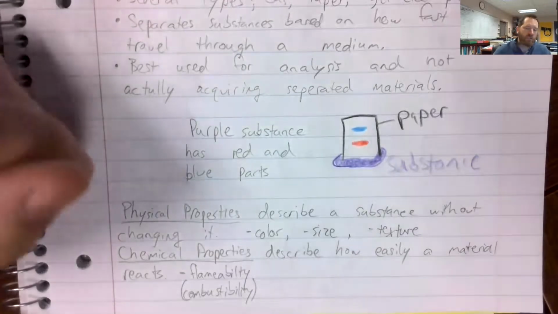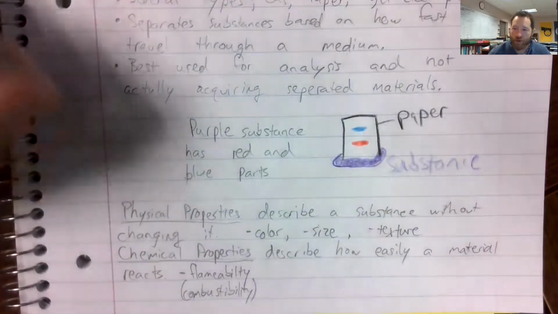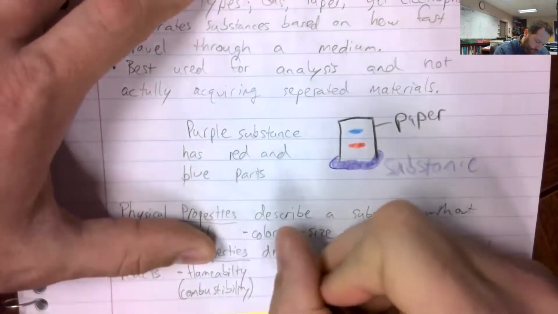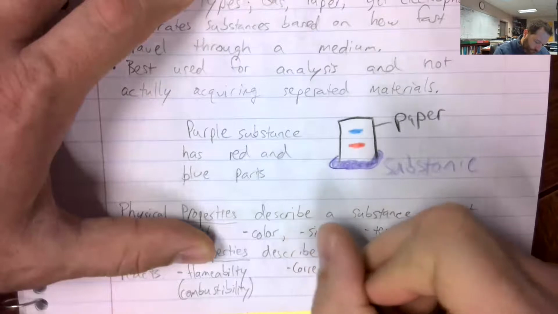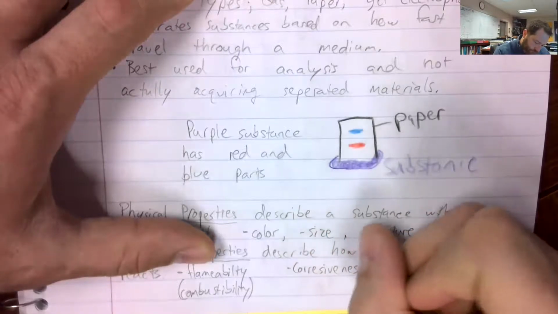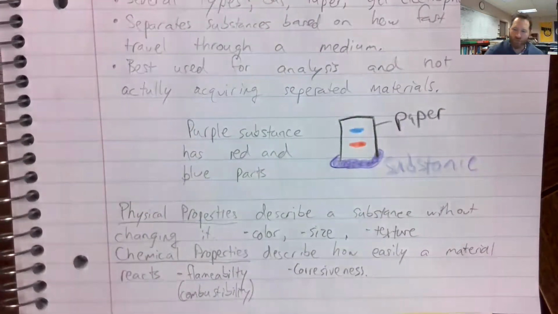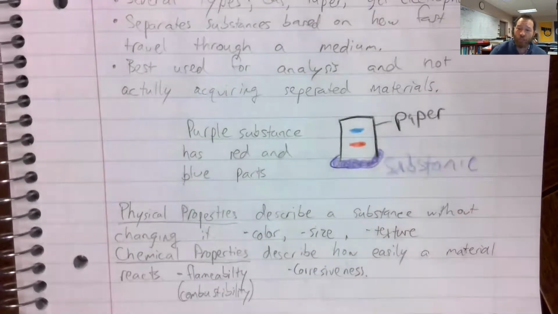So how easy is something flammable? How easy to catch on fire? That's a chemical property. Corrosiveness is a chemical property. So oftentimes talk about an acid being corrosive, it's changing the material it's around. So how easily that thing gets changed, that material gets changed, is a chemical property.